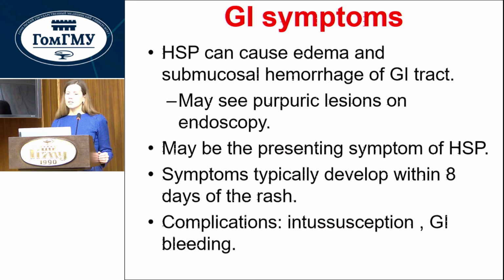Gastrointestinal symptoms may be submucosal hemorrhage of the gastrointestinal tract, maybe changes in endoscopy. Sometimes we may reveal symptoms only after operative treatment, and the same changes in the abdomen as in the skin.